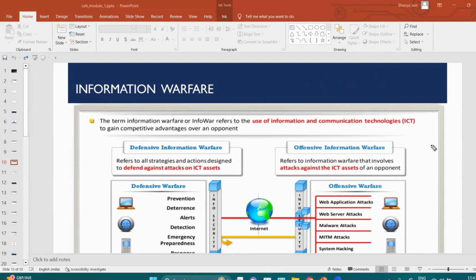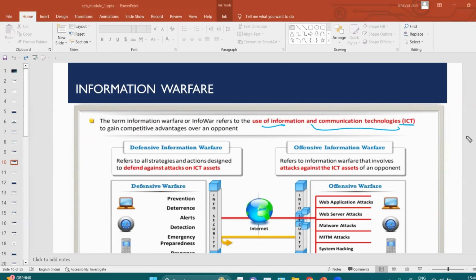So information warfare is the competition between the defensive and the offensive sides. Info warfare refers to the use of information and communication technologies, ICT, to gain competitive advantages over an opponent.